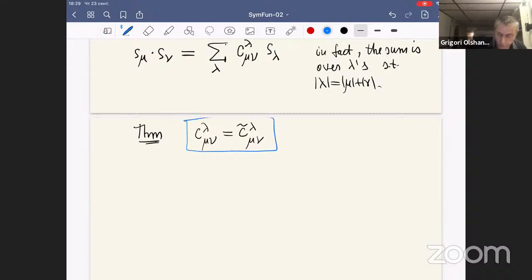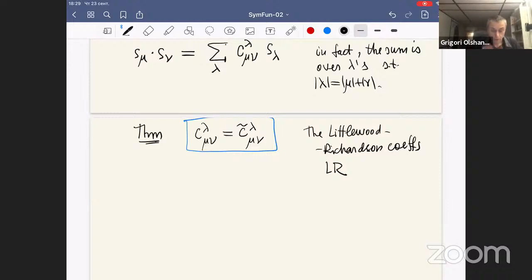And they are called the Littlewood-Richardson coefficients, or LR coefficients for short. So this will be our next goal, to prove this remarkable identity. Okay, that's all for today.